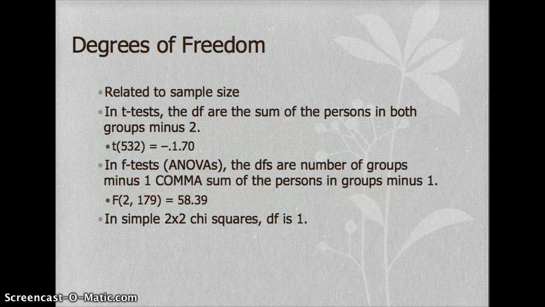Okay, let's just talk about degrees of freedom for just a minute. Degrees of freedom are related to sample size. So in a t-test, the degrees of freedom are the sum of the persons in both groups minus 2.